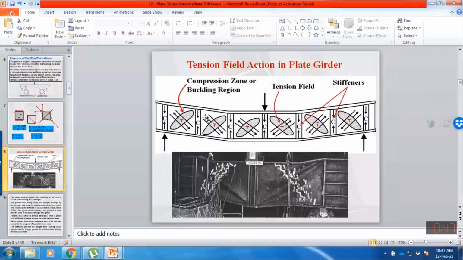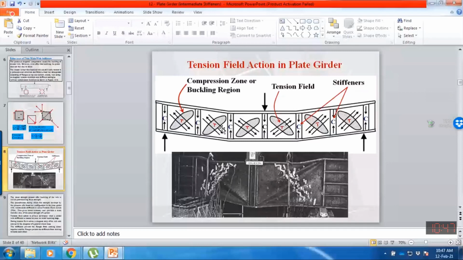So what is the truss analogy or tension field action? After the web buckling, the top and bottom flange behave as the top and bottom chord of the truss, the stiffener behaves as a vertical member, and the diagonal strip serves as a diagonal member.